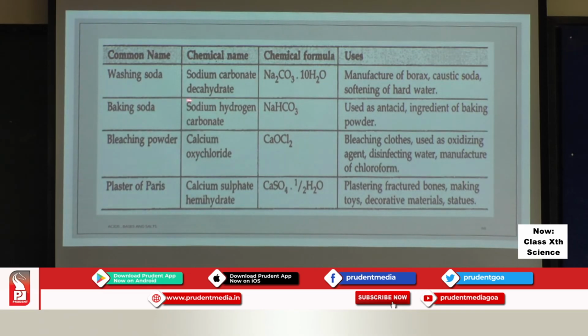Washing soda is used in the manufacture of caustic soda and softening of hard water. Baking soda is used in antacids and in making baking powder. Bleaching powder is used for bleaching clothes in the textile industry and in the paper industry, and plaster of Paris is used in setting fractured bones.